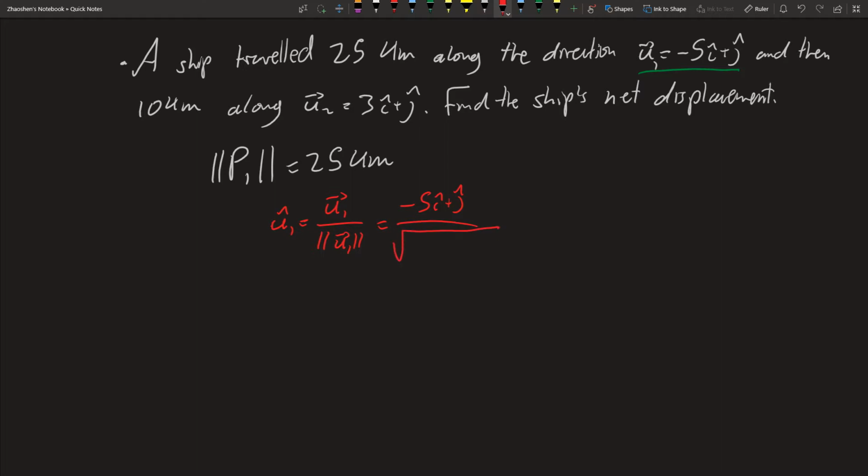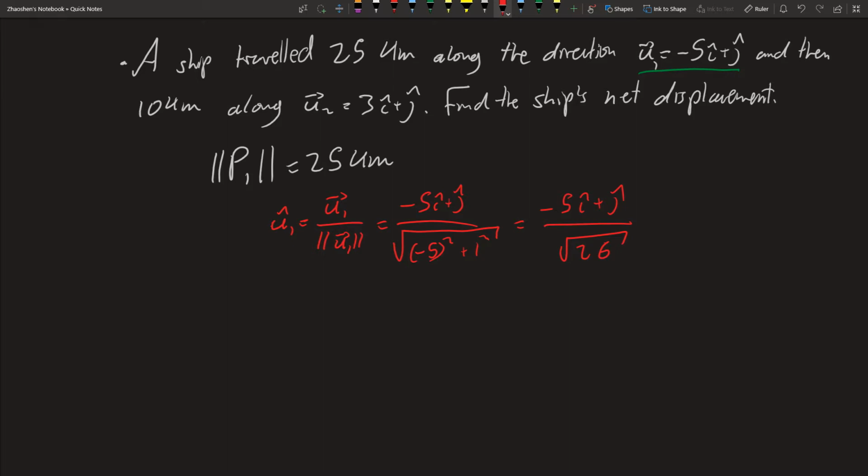It's the square root of negative 5 squared plus 1 squared. Negative 5 squared is 25, 1 squared is 1, 25 plus 1 is 26, so radical 26. That's u hat 1, which is negative 5i plus j over radical 26. Let's do the same thing for u2.